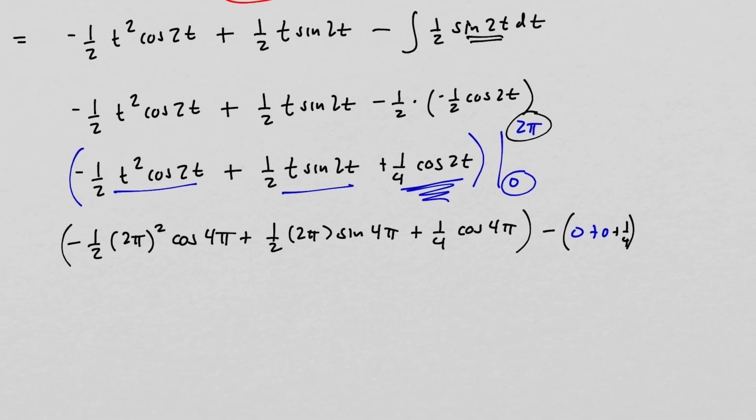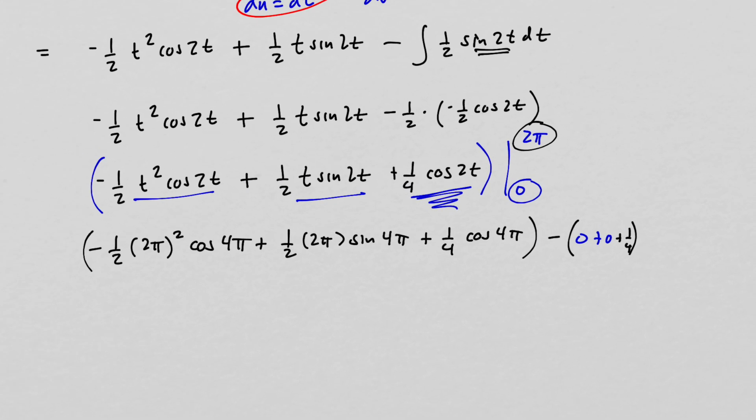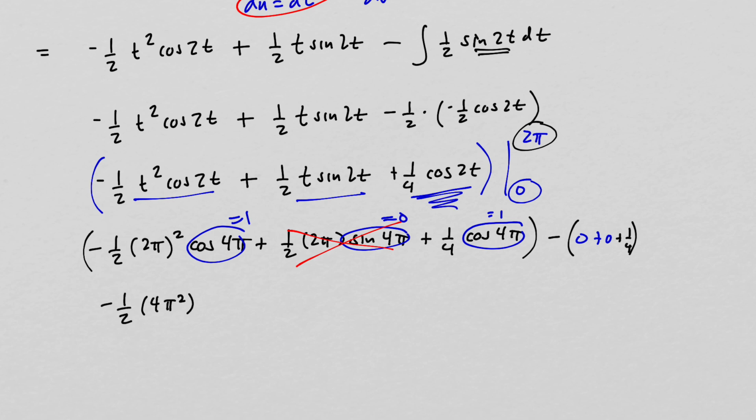So now let's finish it up. Cosine of 4 pi is equal to 1. Sine of 4 pi is equal to 0, so this goes away. And the cosine of 4 pi, again, here is equal to 1. So what we have here is negative 1/2 times 4 pi squared times 1 plus 1/4 times 1 minus 1/4.